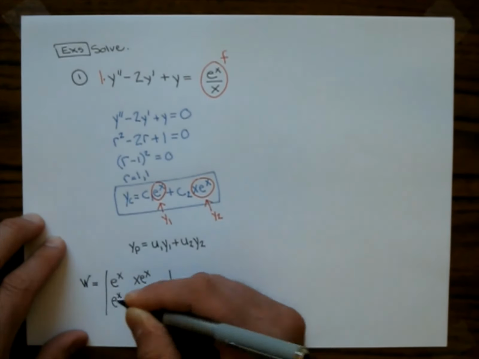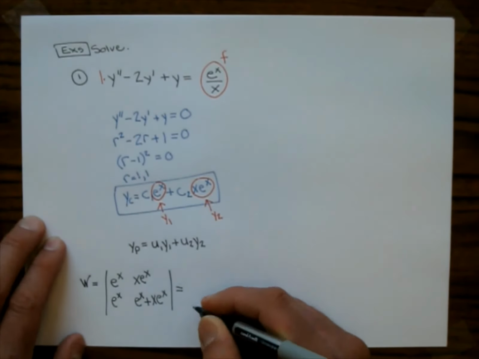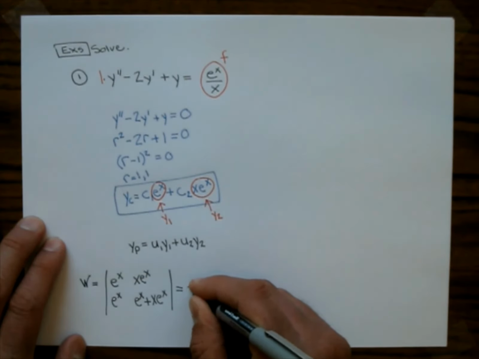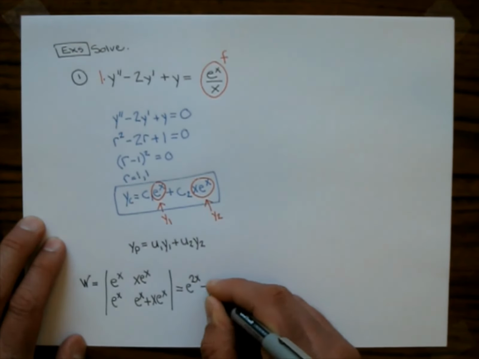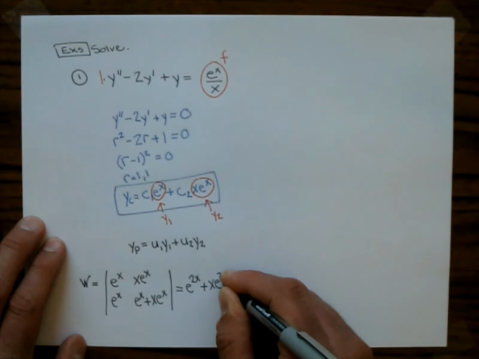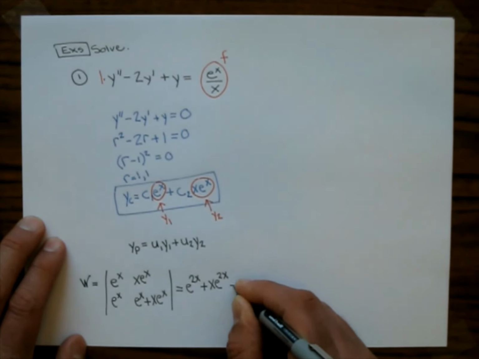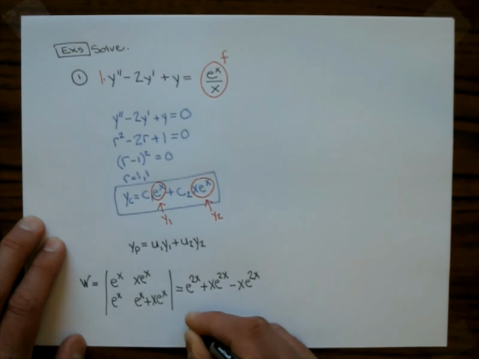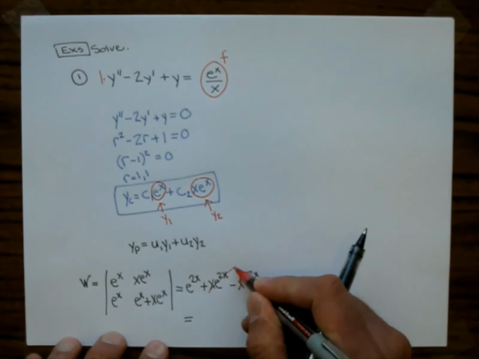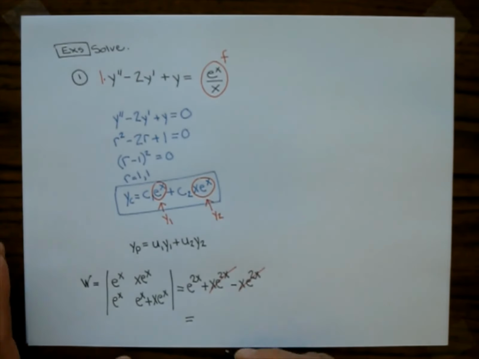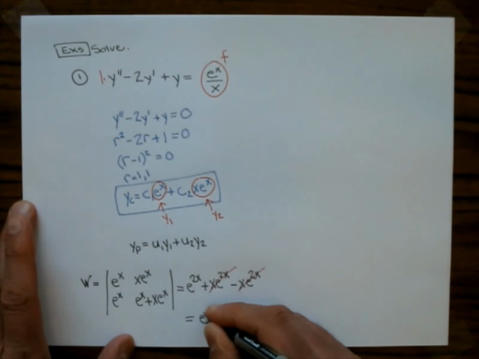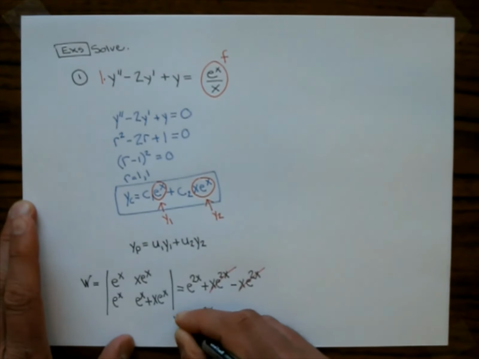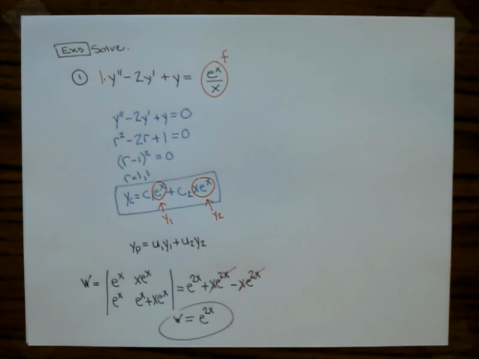I'm going to go ahead and take the determinant. The determinant happens to be e to the 2x plus x e to the 2x minus x e to the 2x. So these guys are out of here. And the Wronskian happens to be e to the 2x. So there's the Wronskian. That completes step 5. Remember, there's 9 steps.